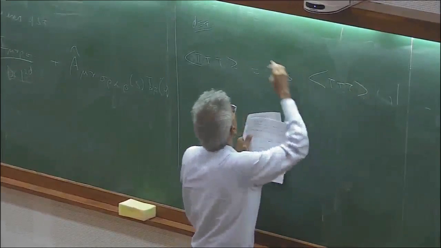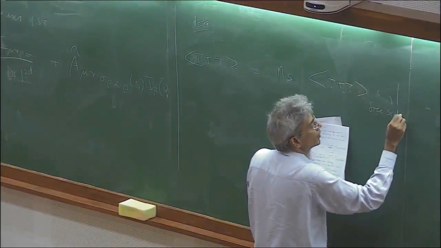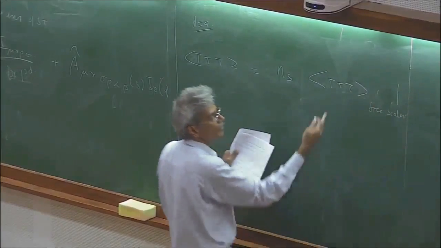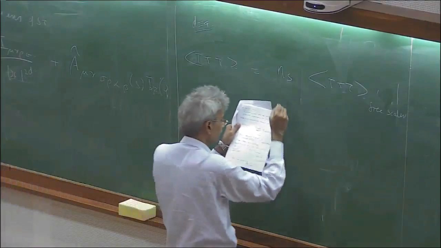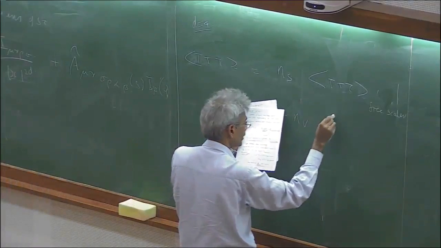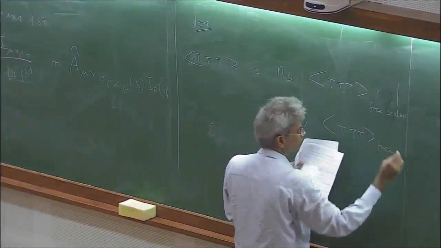3-point functions. This is, say, D equals 4: free scalar theory. So take the tensor structure of the free scalar theory and N_s times that. So there's a number like that. This is Osborn and Petkou.